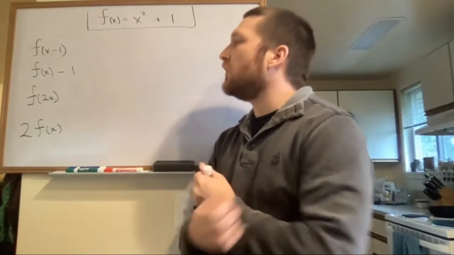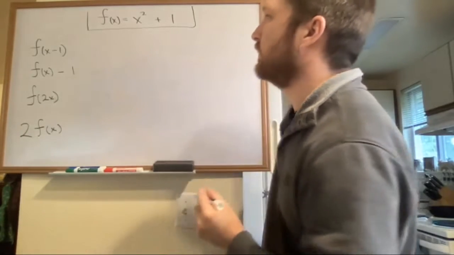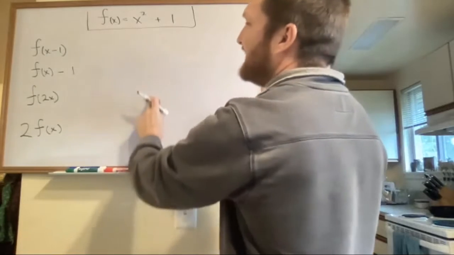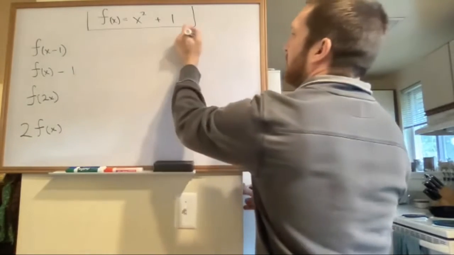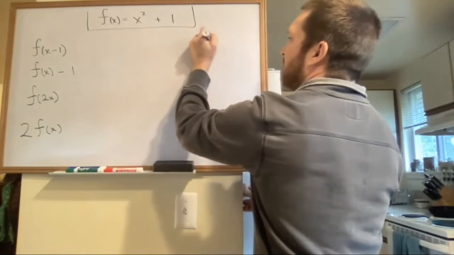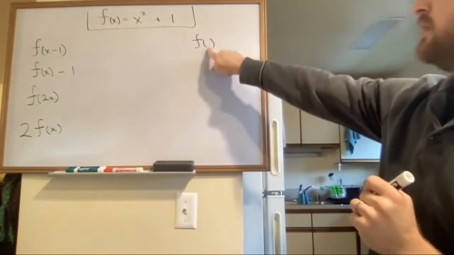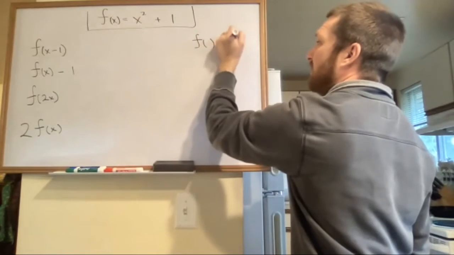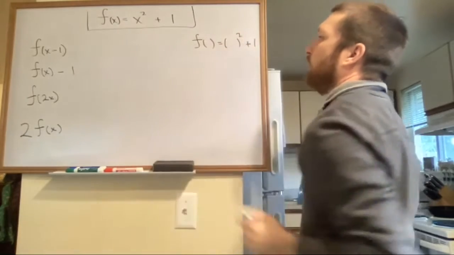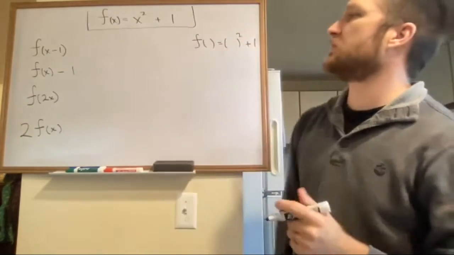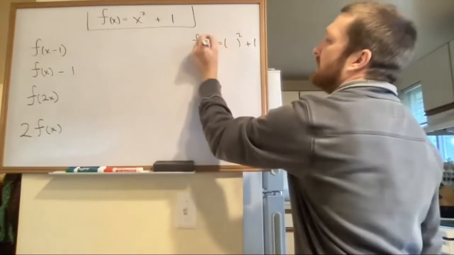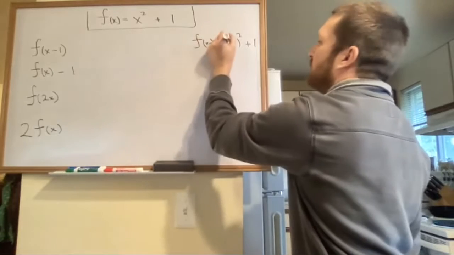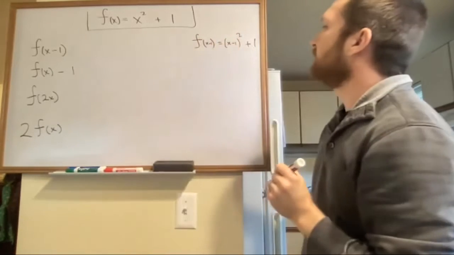That's cool. So remember now, what I'm going to be thinking about each time here is if I'm putting something into here, what that means, just by what this says, is I take whatever that thing is, square it, and then I add 1. And so in the first case, where it says x minus 1, I'm just plugging in x minus 1.